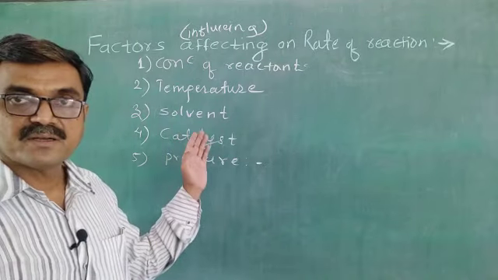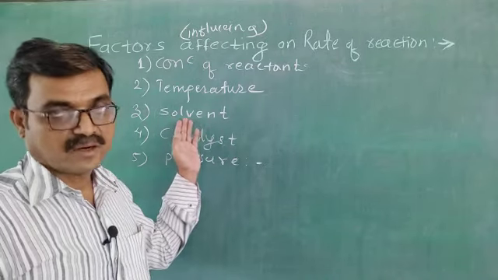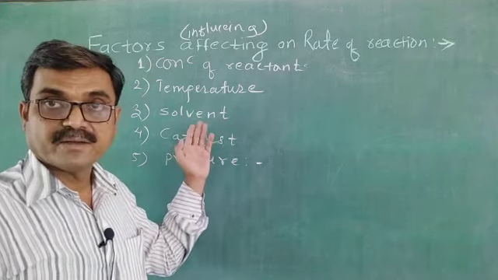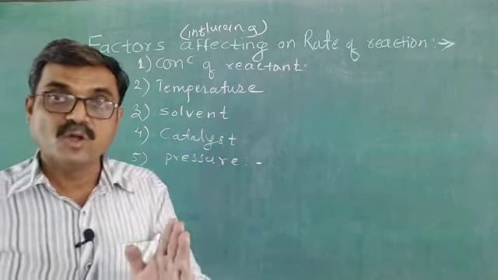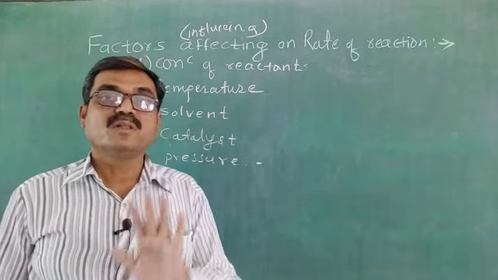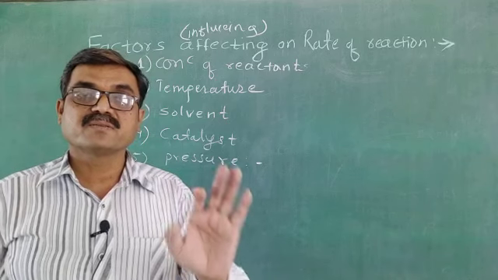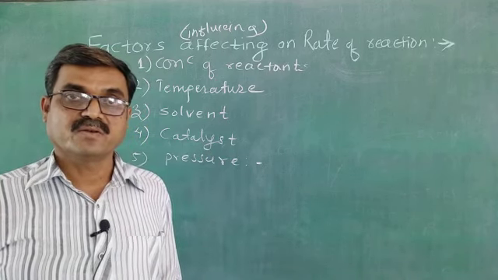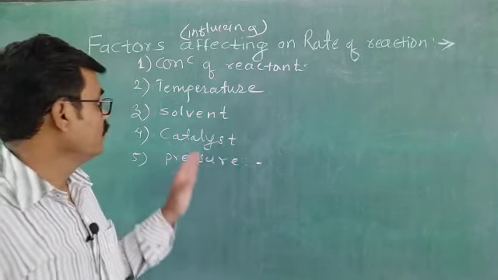Now temperature is directly proportional. Solvent effect on the rate of reaction means the rate of reaction depends upon the nature of solvent. Solvent has only one role, to provide the medium for the reaction. Okay, solvent plays a very important role.